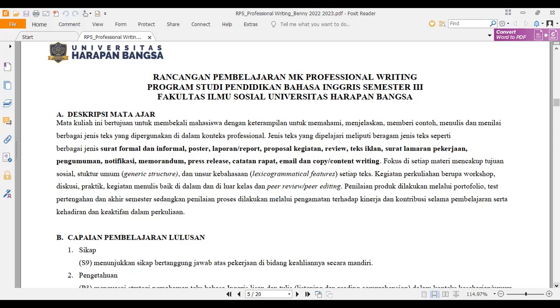The focus of each material is on the social and the generic structure, as well as the lexical grammatical features for each kind of text.